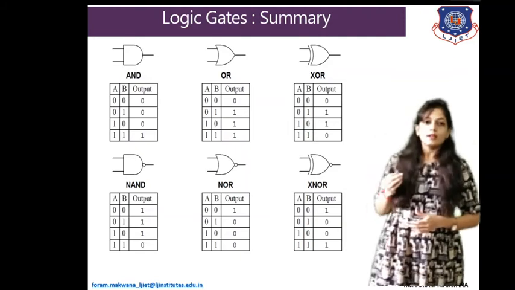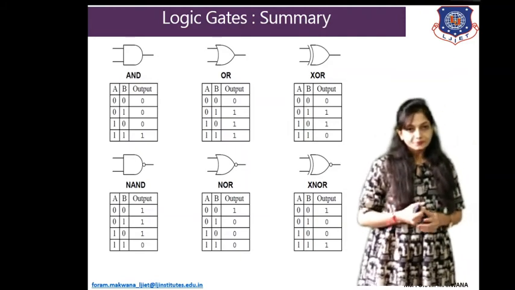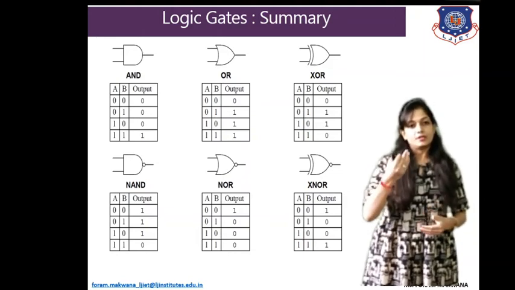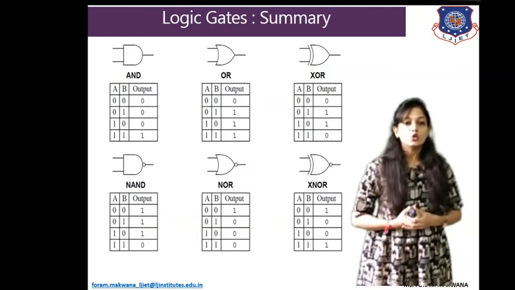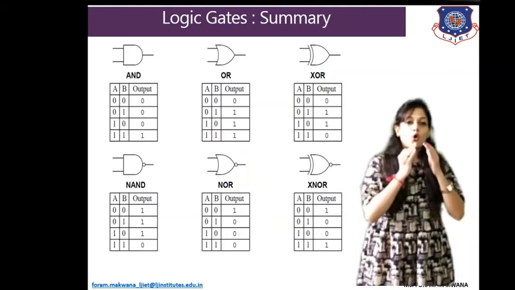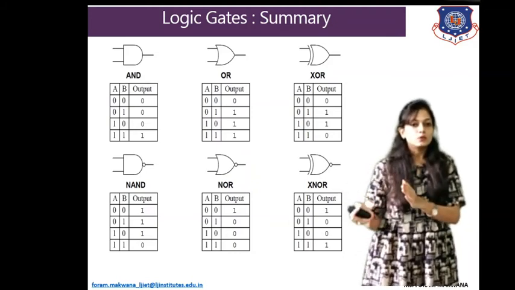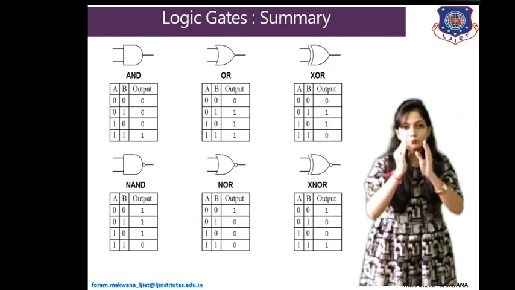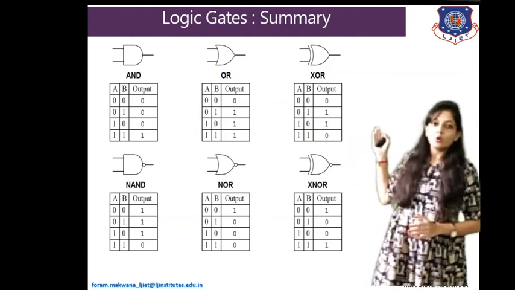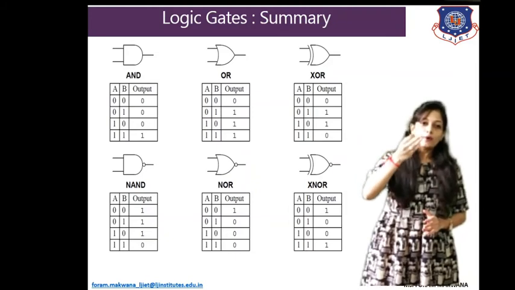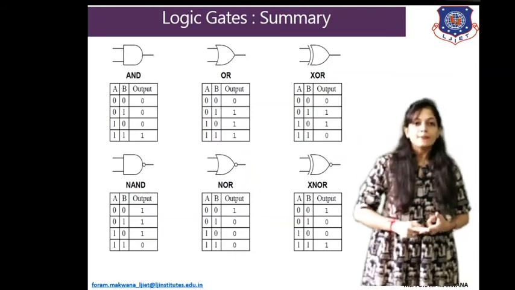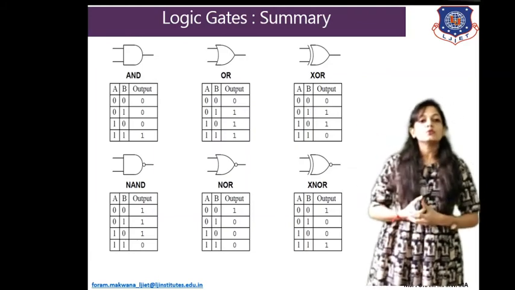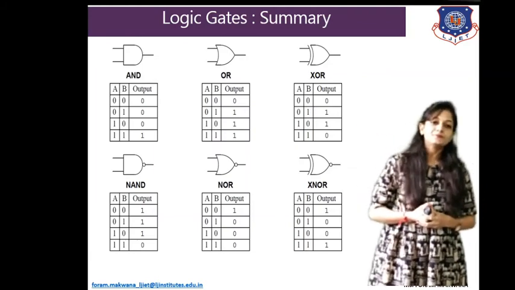Now for the OR gate, we have seen the OR gate's output, but now we are focusing on the NOR gate. So, OR plus NOT is equal to NOR. We are just complementing the output of OR gate. For OR gate, 0,1,1,1, we can say that if any of the input is equal to 1, then its output is going to be 1.